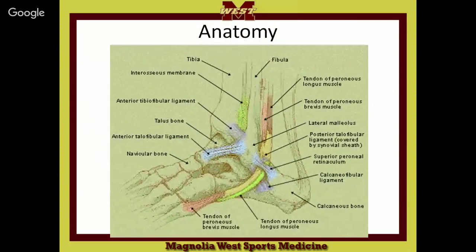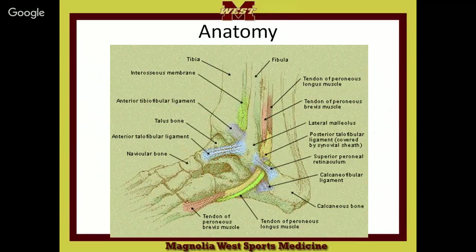More anatomy. Okay, so we know tibia and fibula. This interosseous membrane, that green right there, that is connecting. It goes in between the tibia and the fibula. When we have high ankle sprains, a lot of times that's what's involved, as well as the anterior tibiofibular ligament. If it's the tibiofibular ligament, what two things does it attach?